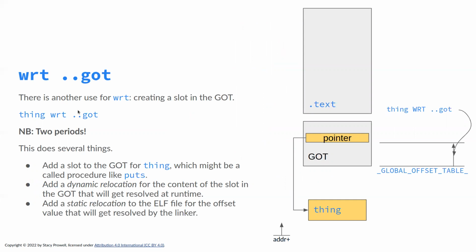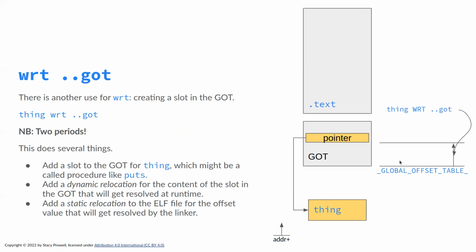When this happens, again, 2 periods, it will add a slot to the global offset table for the thing, and it could be the address of a procedure, like putS. It will add a dynamic relocation for the content of the slot in the GOT, and it adds a static relocation to the ELF file for the offset that gets resolved by the linker.